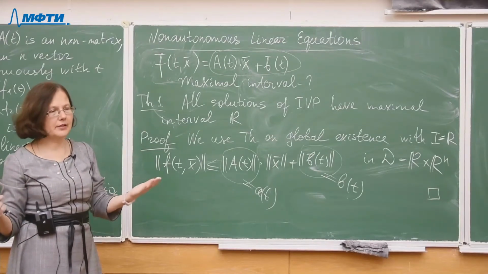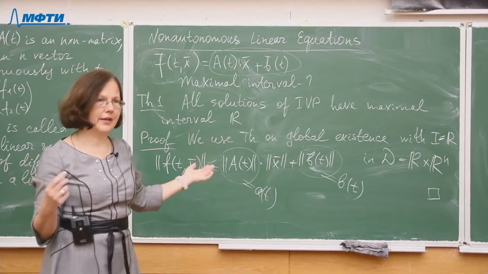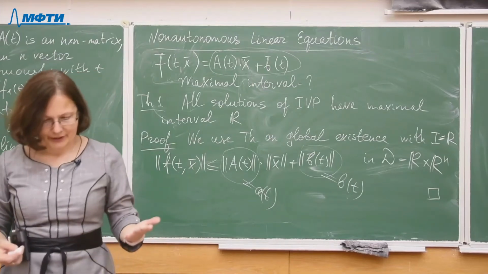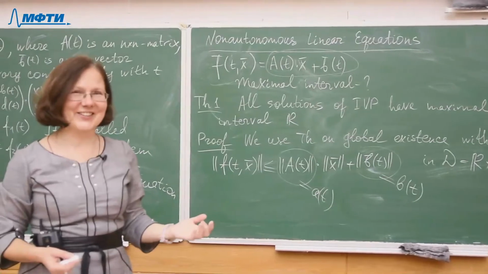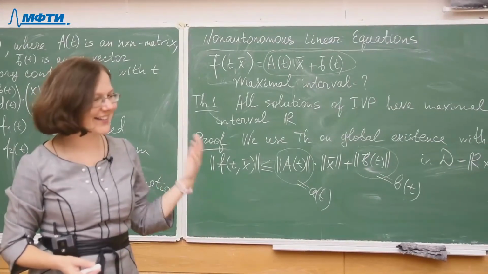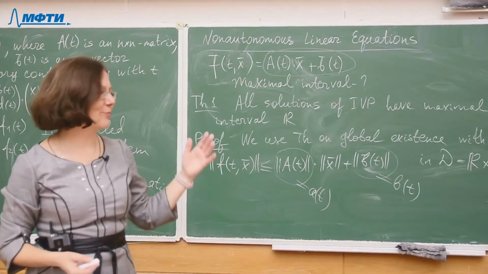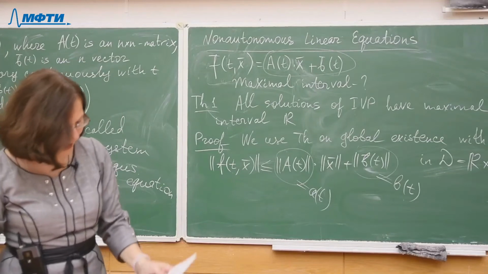So any solution is defined for any t. That is why we need that preceding theorem. So I turned back to the preceding lecture and proved the theorem because it is important.